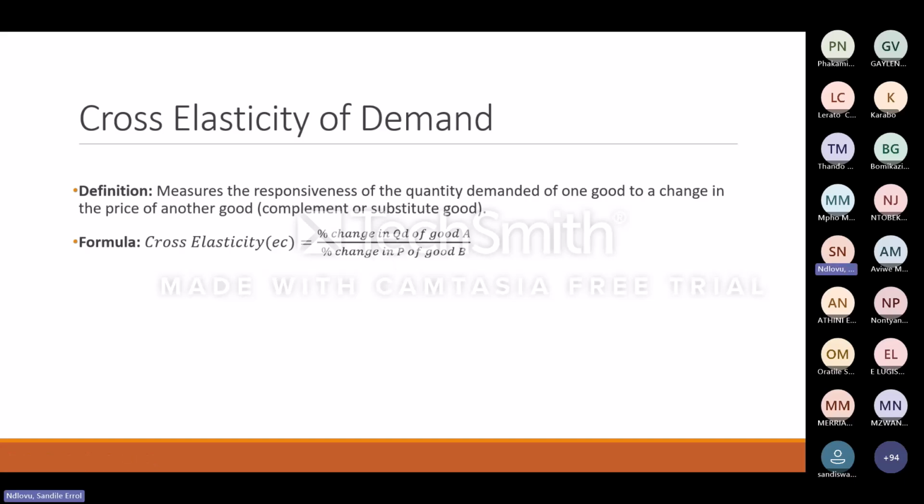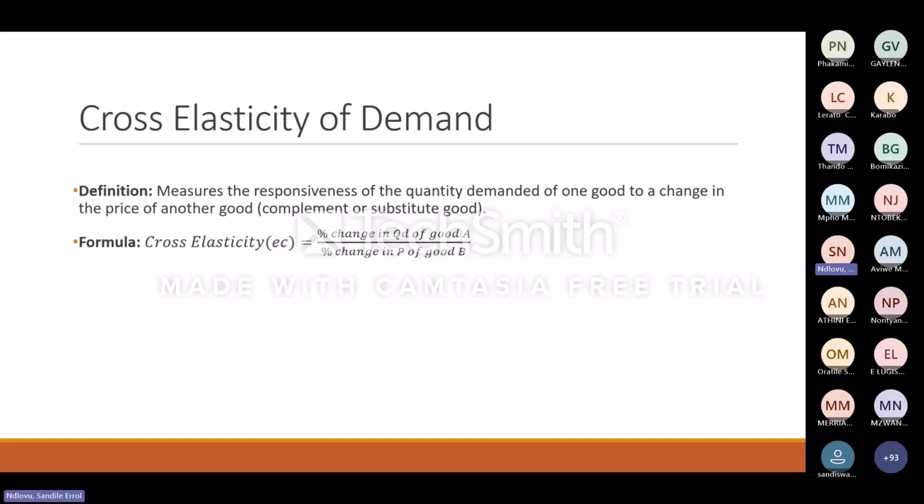But for substitute goods, such as Coca-Cola and Pepsi, if the price of Coca-Cola were to increase by a large margin, then the demand for Pepsi would suddenly increase because people will not spend on Coca-Cola anymore. They'd rather spend on the cheaper substitute good, which is Pepsi.